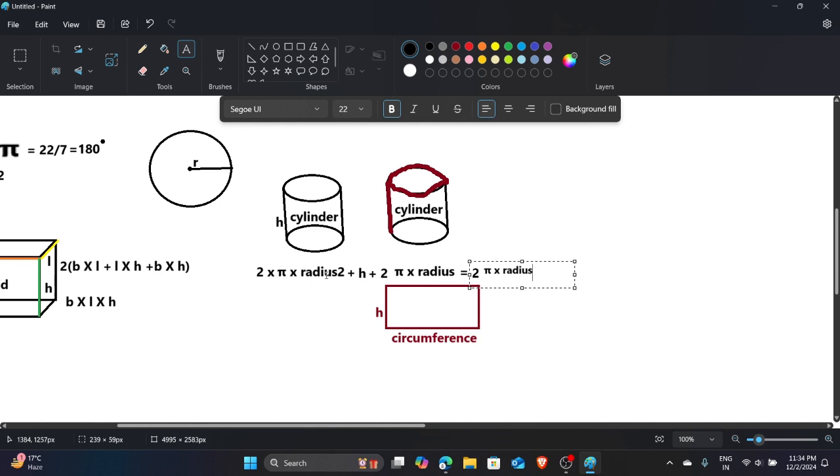One radius remains here, because it is r squared, radius squared. This 2 is not a multiple, it is a power of 2, but I can't represent it in Paint brush, so that's why I did it like that. And now the remaining portion is radius plus h. So this is the formula of a cylinder.